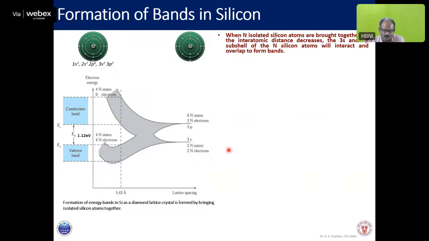Out of those 4n valence electrons, 2n electrons will be in the 3s state and 2n electrons will be in the 3p state, and 6n states will be vacant. Now this is when they are very far.